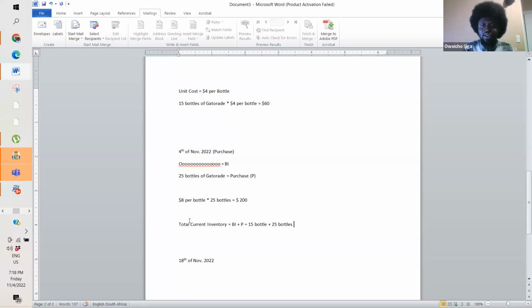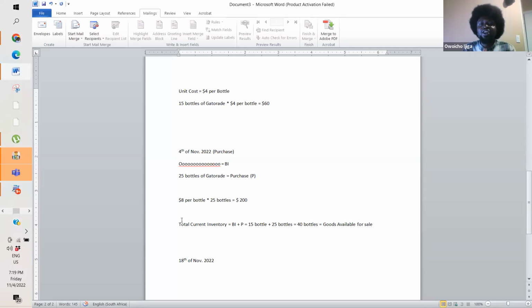It becomes 40 bottles in all. And this is what we call the goods available for sale.